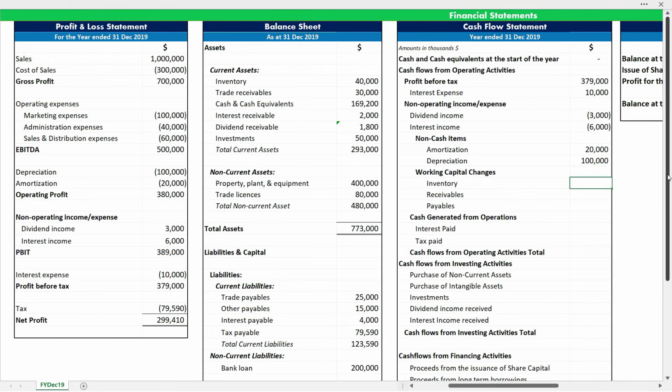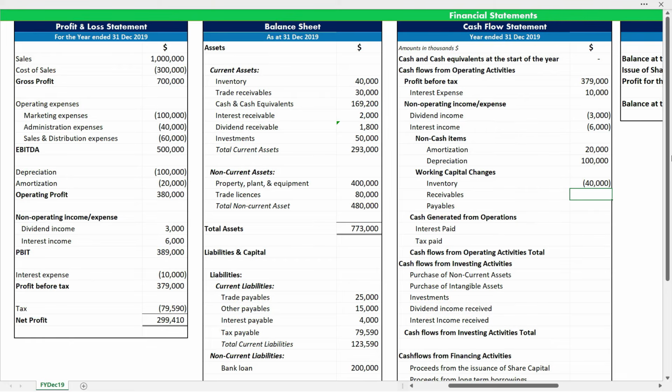Then we need to present the working capital changes, which are basically related to inventory, receivables and payables. Skip the word working capital for now, you will be learning it later on in this course. So inventory at the beginning, of course this is the first year, must be 0. So from 0 to $40,000, inventory has increased, and an increase in inventory is a negative value.